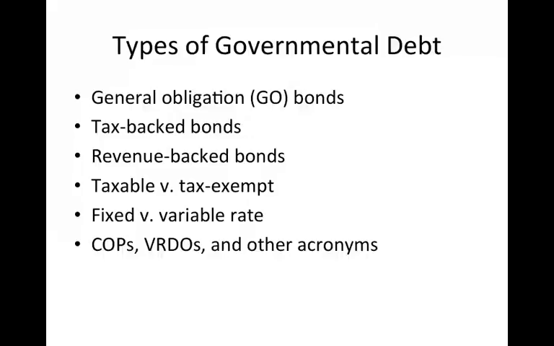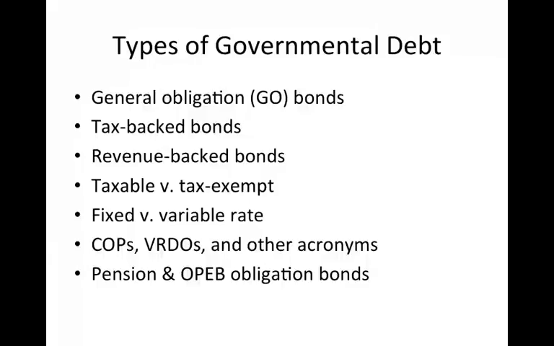Talking about what these are goes well beyond the scope of this course, but suffice it to say that governments in general have been diversifying their debt portfolios over the last couple of decades, from having almost all of their debt being general obligation debt, to expanding into revenue-backed debt for particular activities, tax-backed bonds, and this variety of other instruments like COPs and VRDOs and mortgage-backed obligations and things like that.